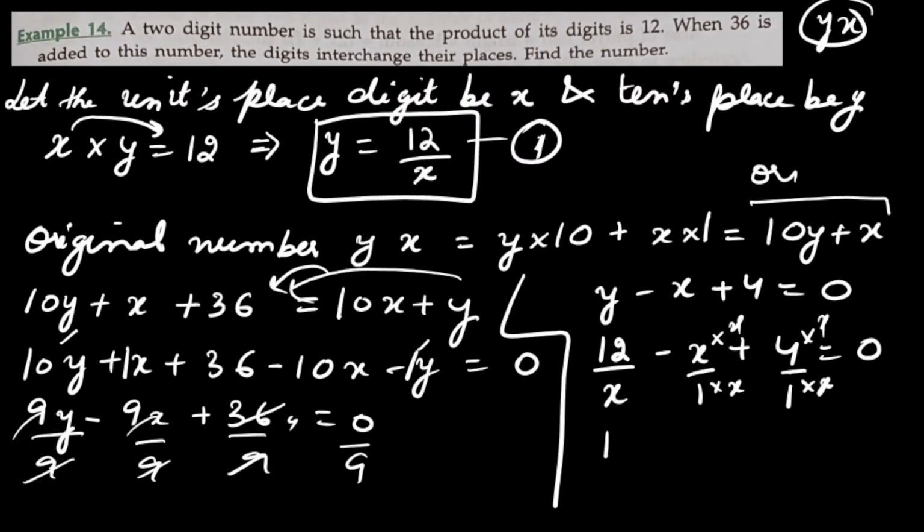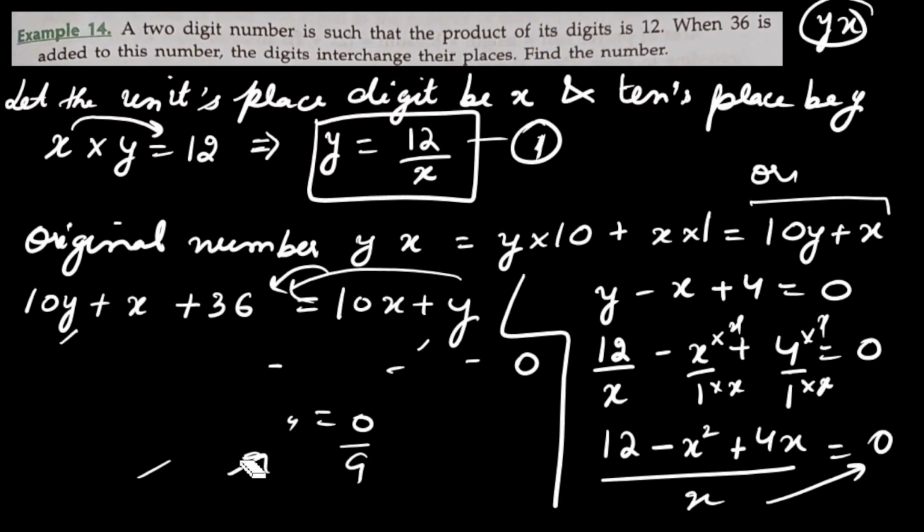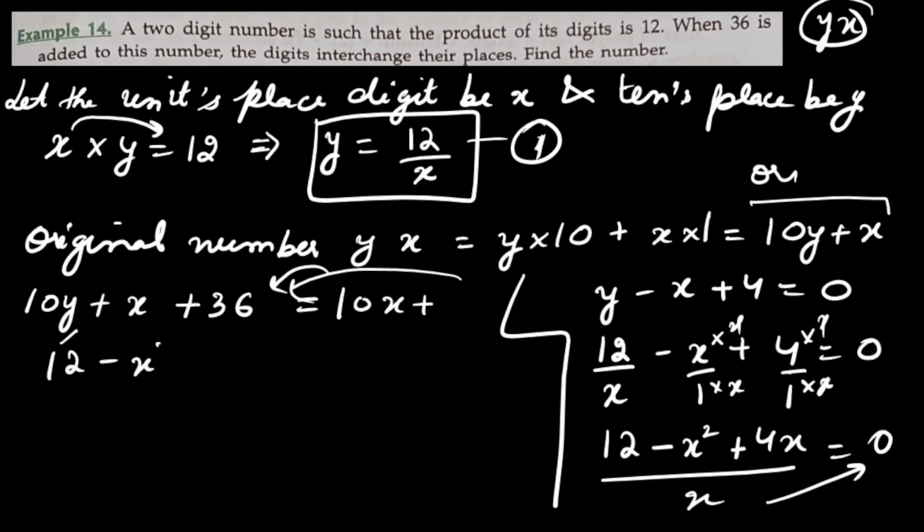So what I'll get: 12 minus x into x is x square, plus 4 into x is 4x, by x equals 0. Now let's shift x to the other side. So x into 0 will be 0 only. So 12 minus x square plus 4x equals 0.